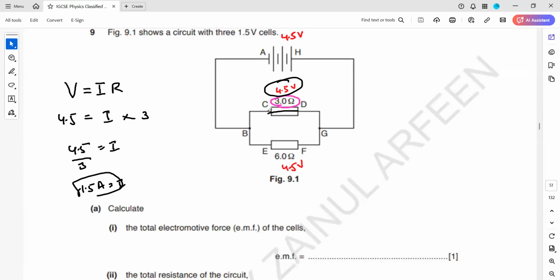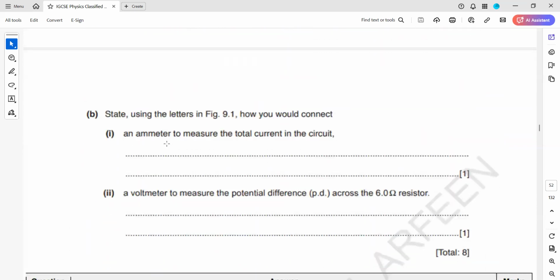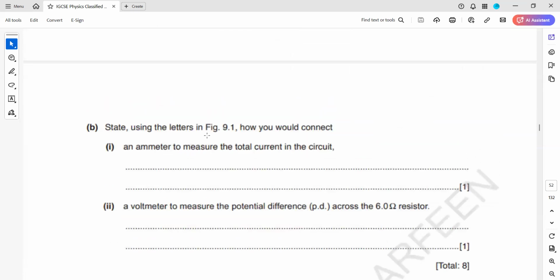So the current which will flow is 1.5 ampere. Clear? Yes, sir. So we take the ratio between voltage and resistance to work out the current.